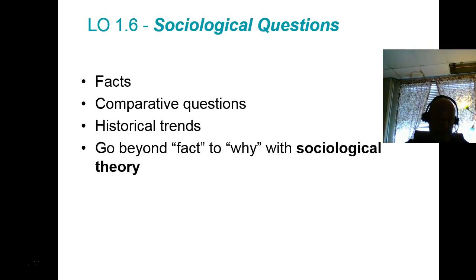So what we do is we look at two sociological questions. We look to the craft of sociology. We're going to look at the analysis of social problems, which depends on reliable data and logical reasoning.